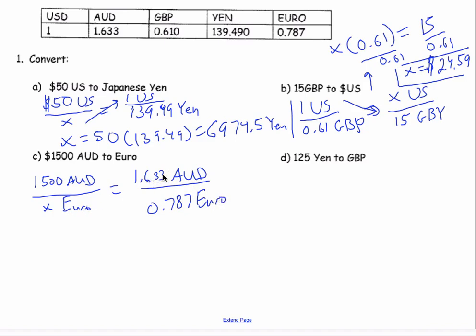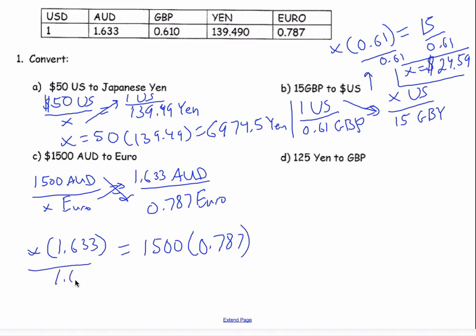Then we can cross multiply. So we'll have x times 1.633 equals 1,500 times 0.787. Then we can divide both sides by 1.633.